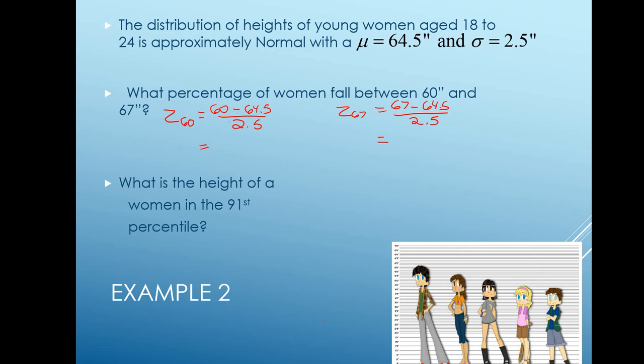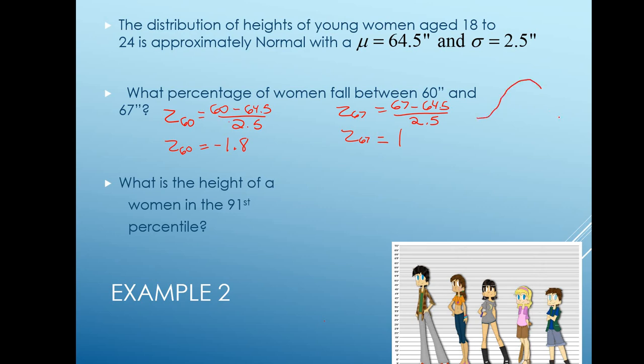The first one should be negative, and it is negative 1.8. And the second one is 1. All right, so those are my 2 z-scores.